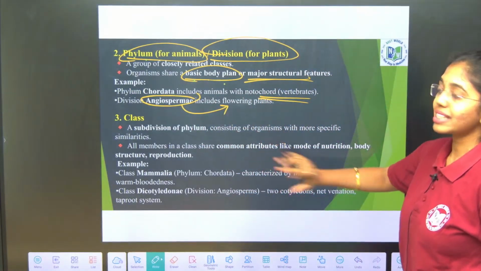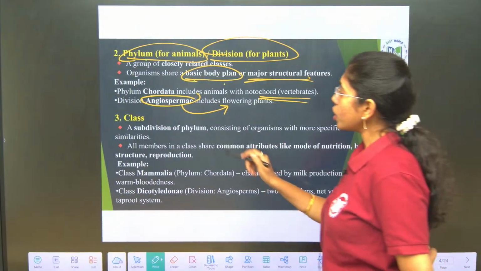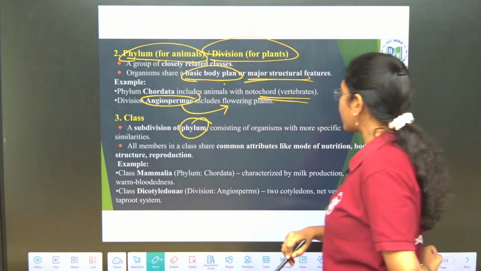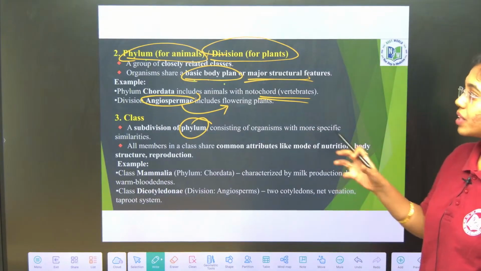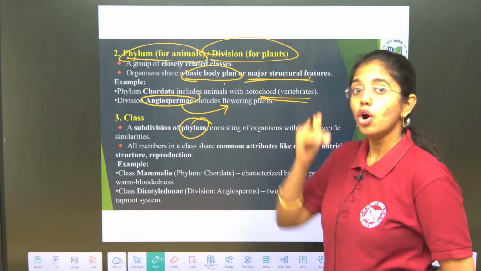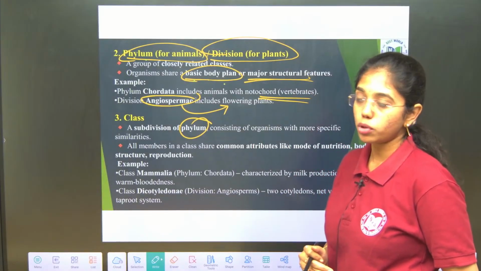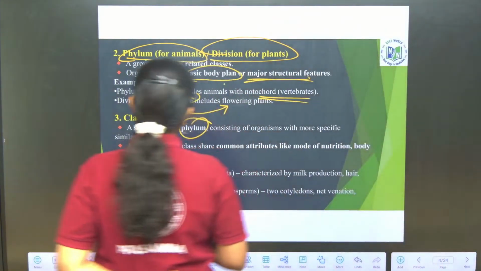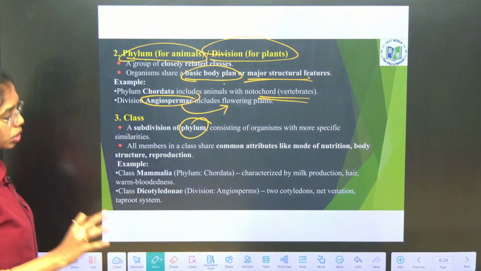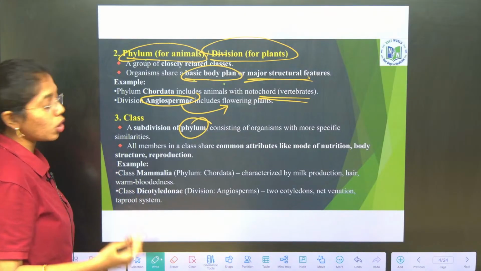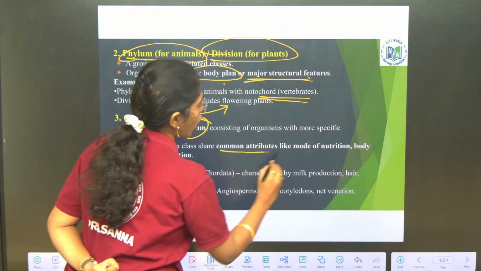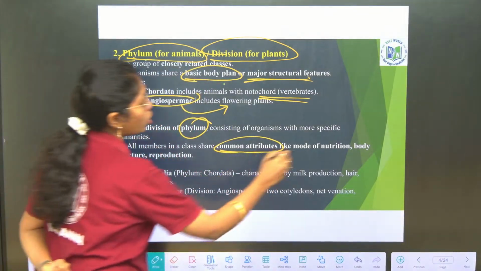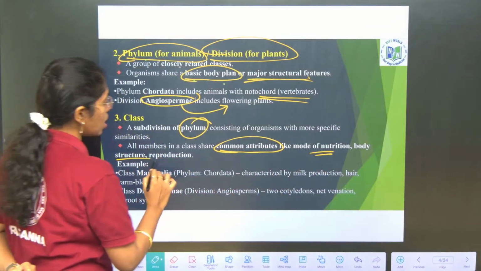And the next is class. A subdivision of phylum consisting of organisms with more specific similarities. As I told you, specific similarities will increase as you go in the descending order from kingdom to species. All members in a class will share common attributes like mode of nutrition, body structure and reproduction.